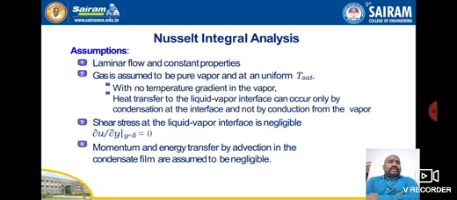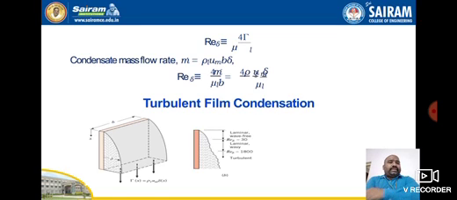First one is laminar flow and constant properties. Second, the gas is assumed to be pure vapor at uniform saturation temperature. Third, the shear stress at the liquid vapor interface is negligible, that is dou u by dou y at y equal to delta is equal to 0. And momentum and energy transfer by advection in the condensate film are assumed to be negligible. These are the assumptions made while deriving the equations.